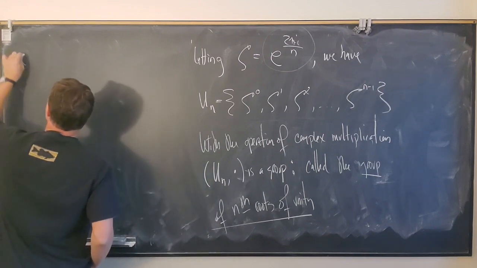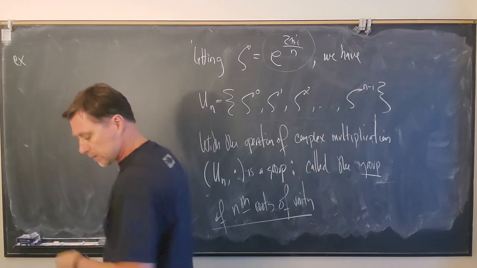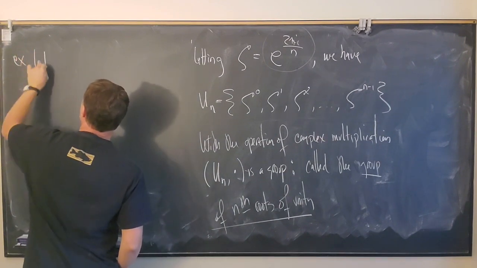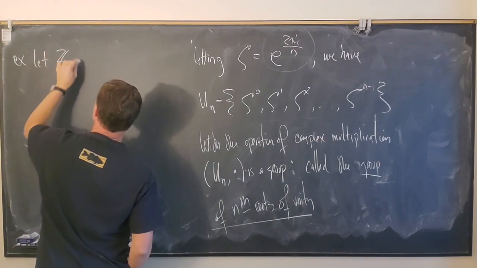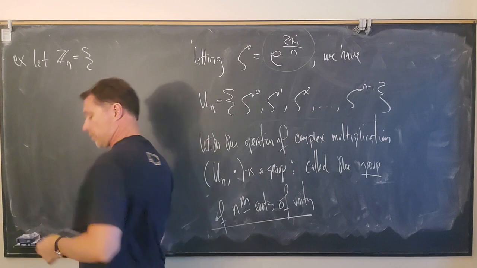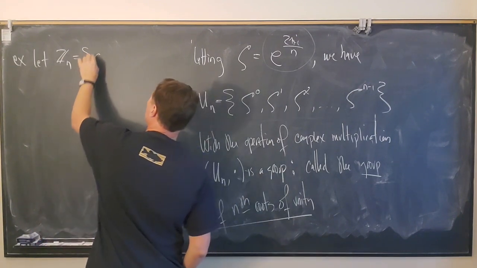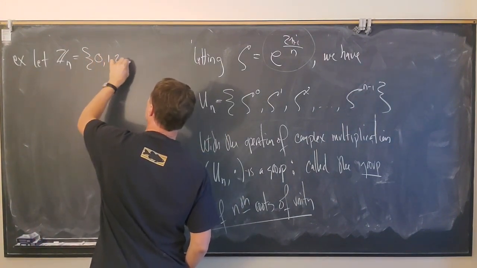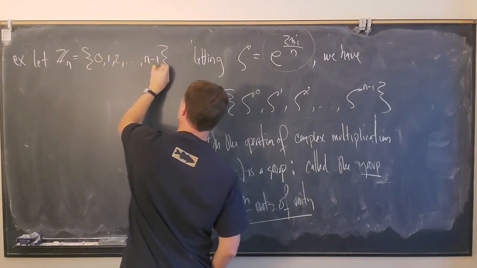Here's another example. Let Z sub n equal the numbers 0 up through n minus 1: 0, 1, 2, up through n minus 1.